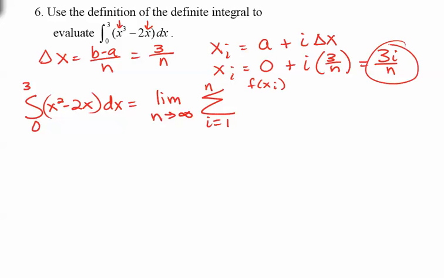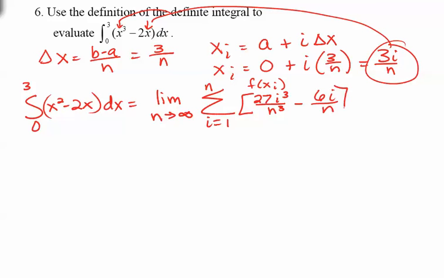So we have to put our x sub i value into both of those. So we're going to have to take this value to the 3rd power. So we'll have a 27i cubed over n cubed. And then we're going to have minus 2 times that value. So we'll do a minus 6i over n. And that's the f of x sub i, the height of each rectangle.